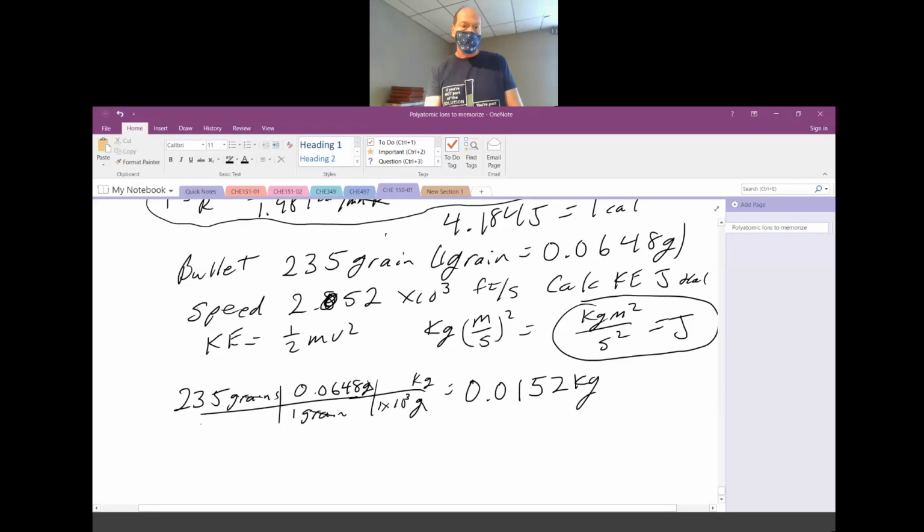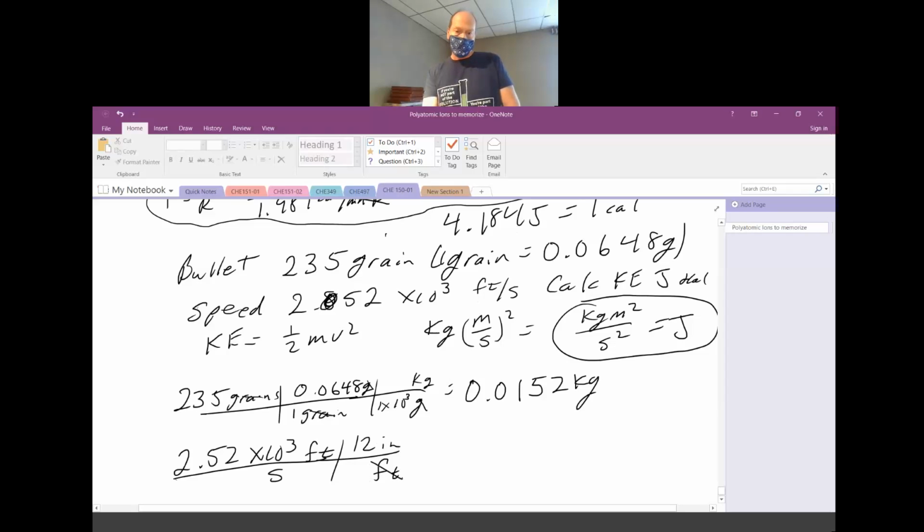Now we have to convert our 2.52 times 10 to the third feet per second into meters per second. All right, so we have to get rid of feet, and what do we know about feet? Well, it's 12 inches. All right, so the feet cancel, and now we are in inches per second. What do we know about inches?